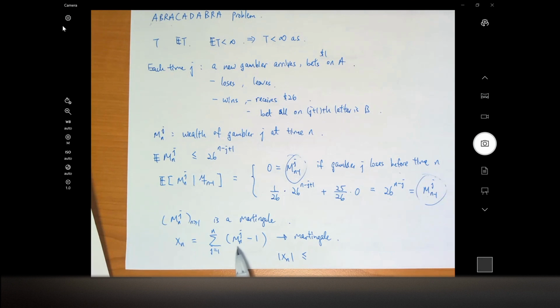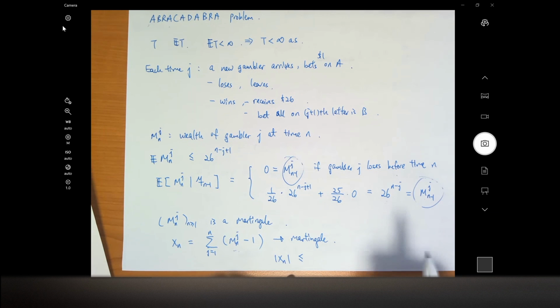When will this not be equal to 0? It is when this gambler, up to time n, has won all the way, then it will be positive. Otherwise, it will be 0, and of course then the total payoff will become minus 1. So in any case, this will be smaller than.